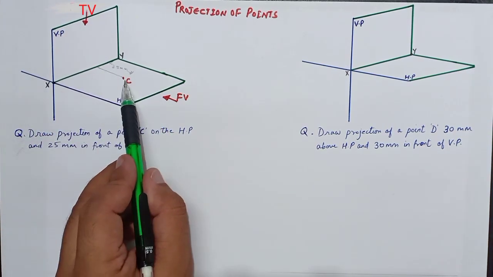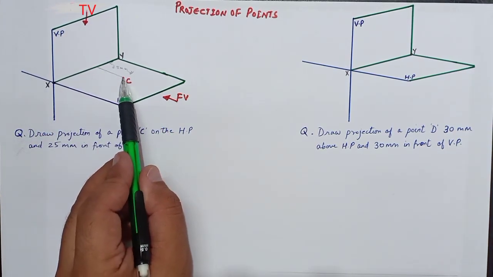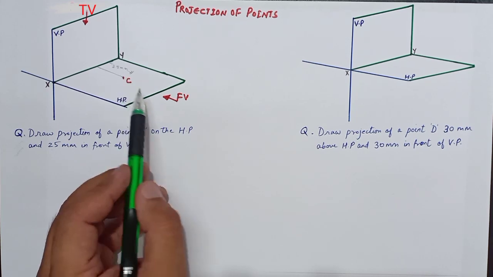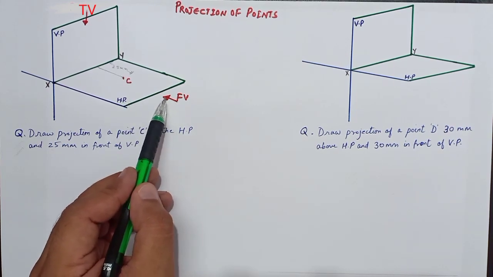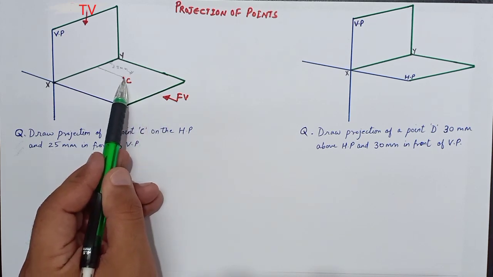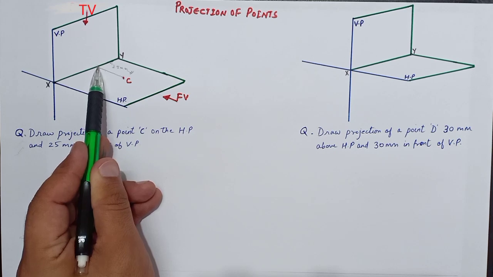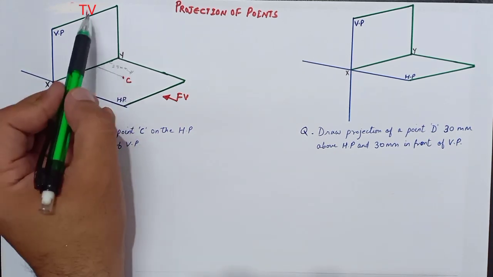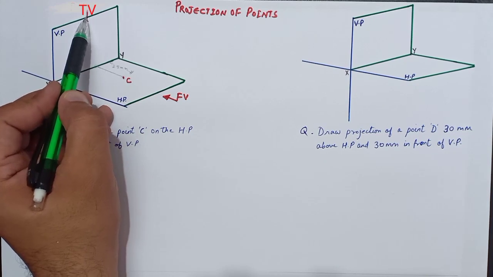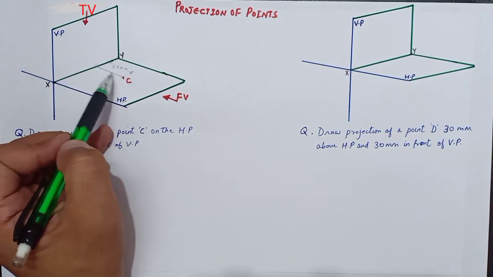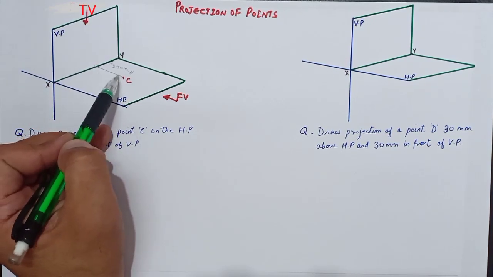And point C is not above HP, it is lying on the horizontal plane. So when we look from the front view and if we extend a point from C, it will lie exactly on XY line. But if we look from the top view, we can see the point C is at a distance 25 millimeter away from XY line.